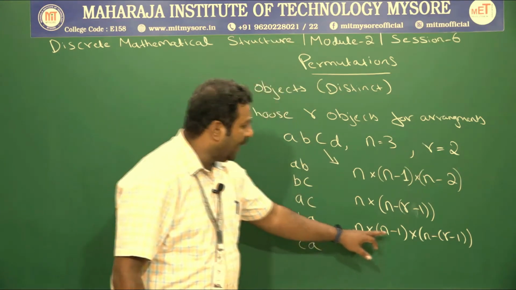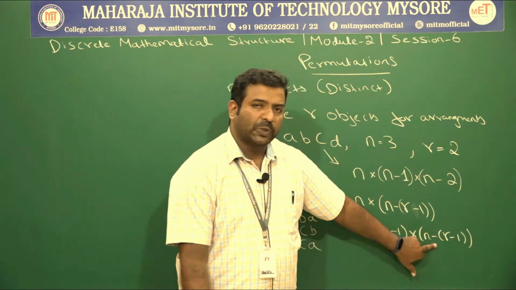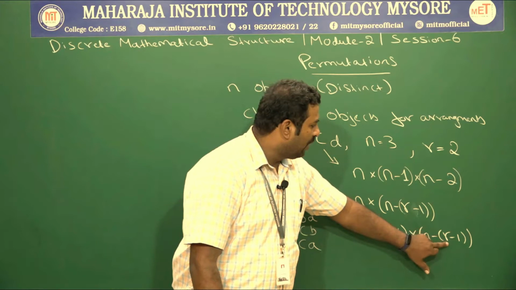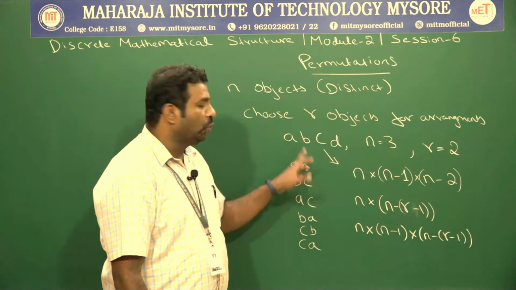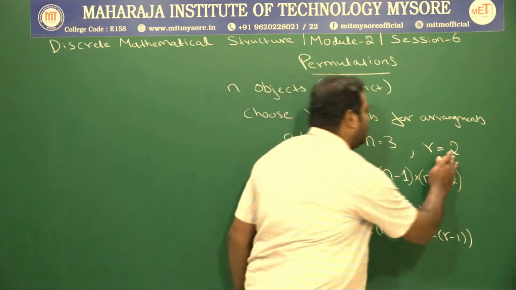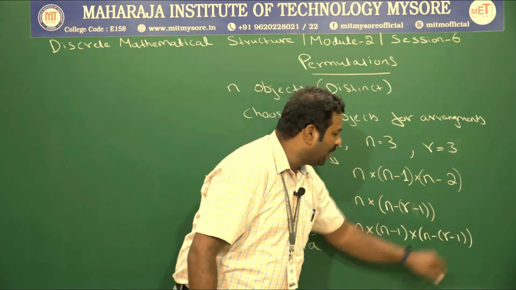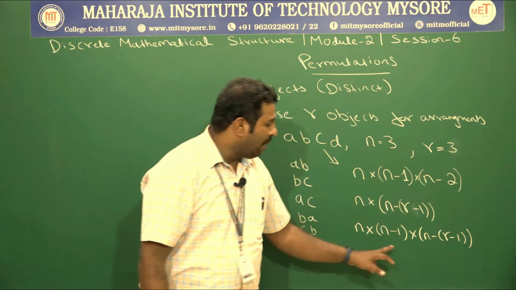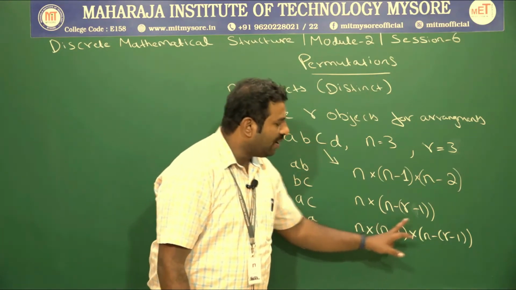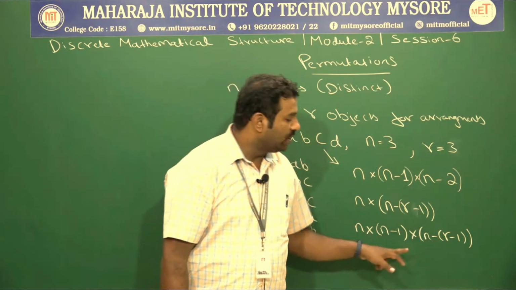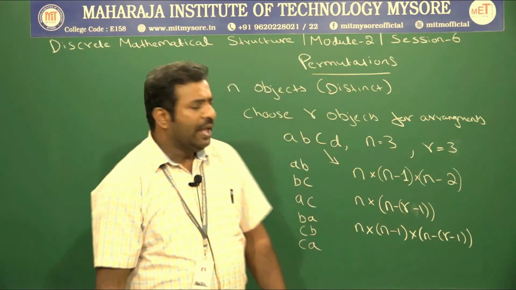Now n into n minus 1, now this is supposed to be n minus 2. Now the value of r becomes, if I want to choose 3, or let me make this as 3 now. So now r is 3, so 3 minus 1 is 2, hence I am reaching n minus 1 and n minus 2. So this is how in general I am just going to write it out.